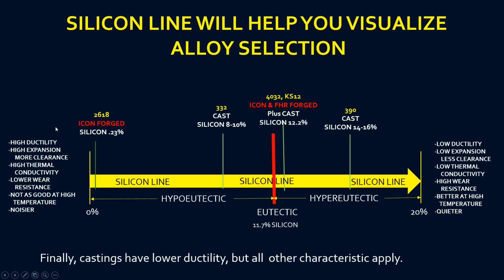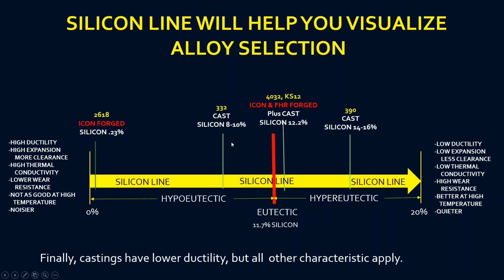Typically, in a 2618 forged piston, we build in 4.5 thousandths clearance right into the piston skirt so that it's already accounted for. It will allow thermal conductivity. It has lower wear resistance. So you're looking at this and you say, well, why would I want that? Well, for the high output engines, and we'll discuss that a little bit later.